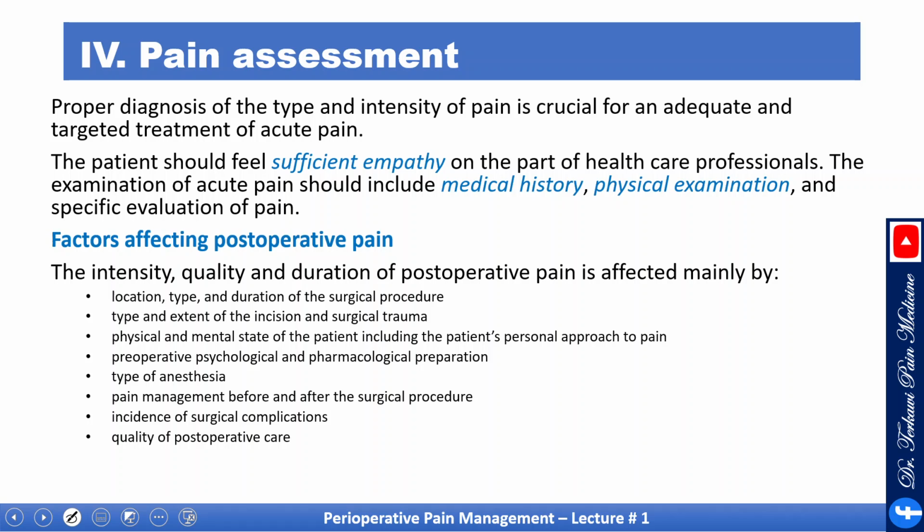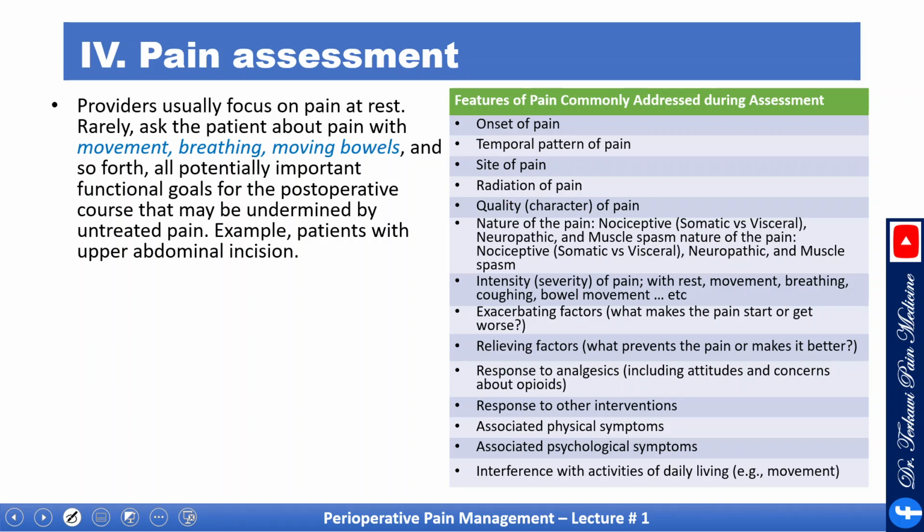Factors affecting postoperative pain: the intensity, quality, and duration of postoperative pain is affected mainly by location, type, and duration of surgical procedure, type and extent of incision, physical and mental status, preoperative psychological and pharmacological preparation, type of anesthesia, pain management before and after the surgical procedure, incidence of surgical complication, and quality of postoperative care.